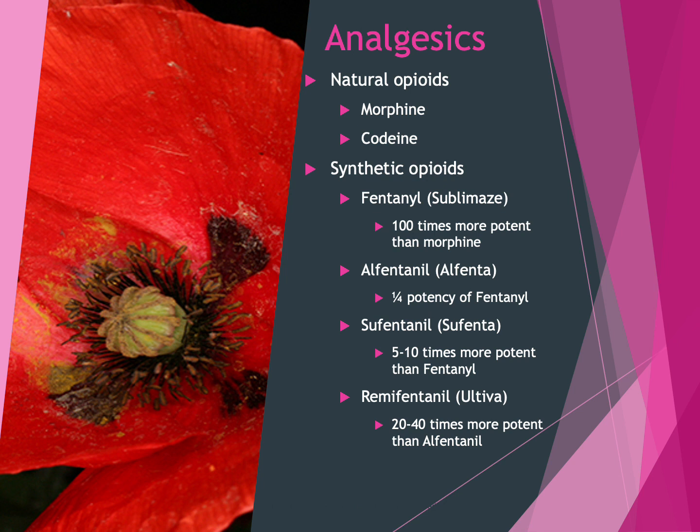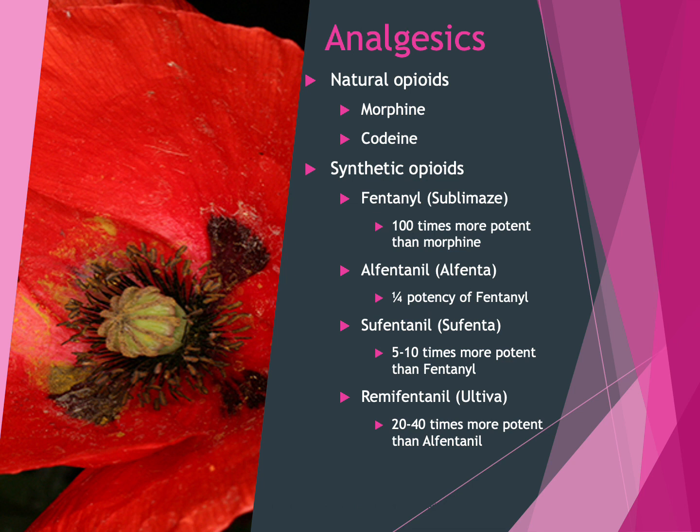So natural opioids, those are derived from the poppy plant. Isn't it beautiful? You can see it here. And those include morphine and codeine. Synthetic opioids are manufactured from chemicals, and those include fentanyl, alfentanil, sufentanil, and remifentanil.